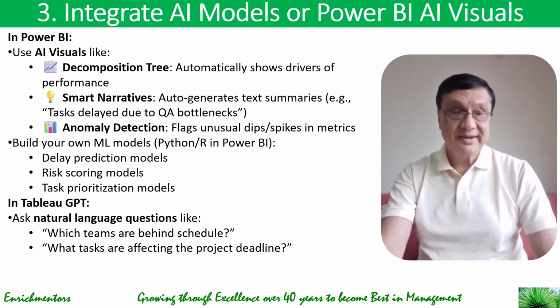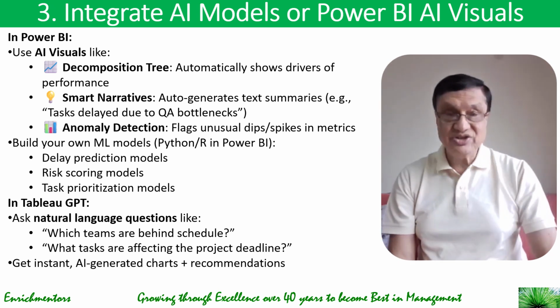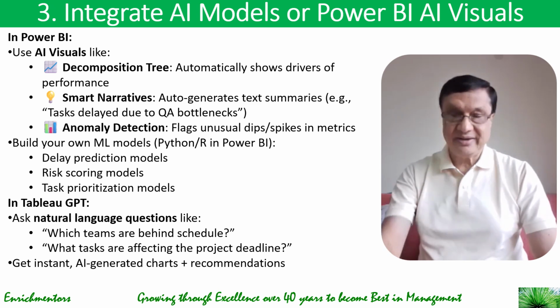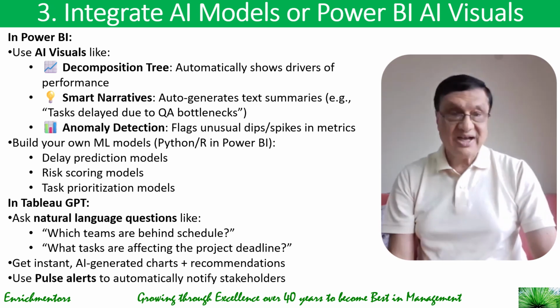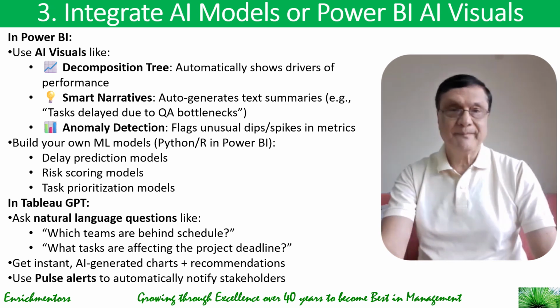Can you believe that? You can do it in natural language and then get instant AI-generated charts and recommendations. And lastly, you can use Pulse alerts to automatically notify the stakeholders. So that's what you can do to integrate AI models and Power BI AI visuals, right?